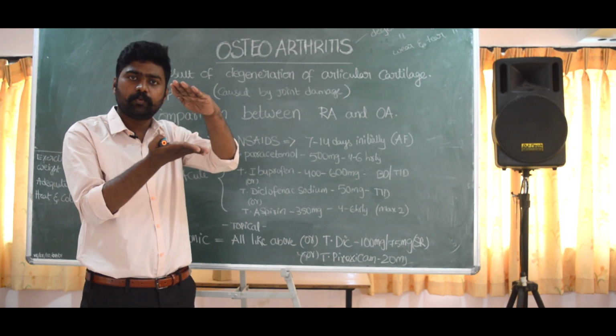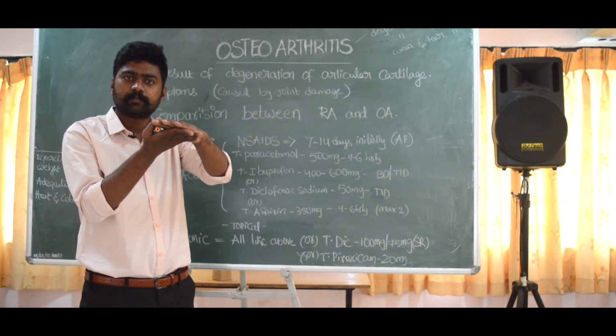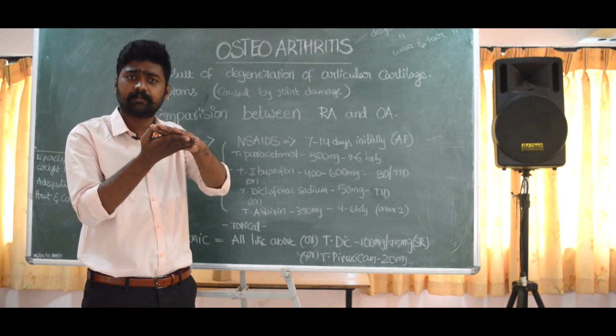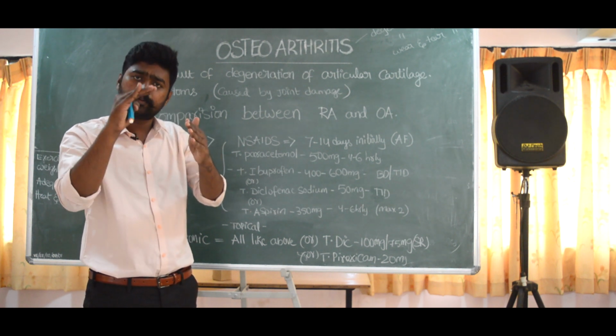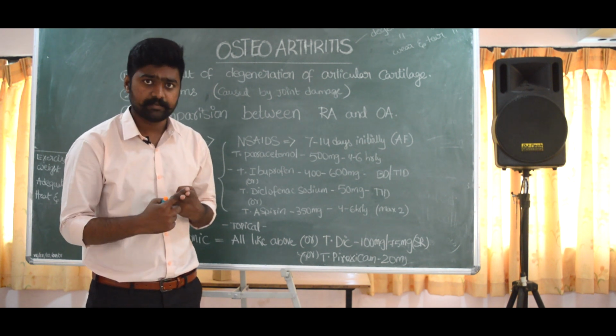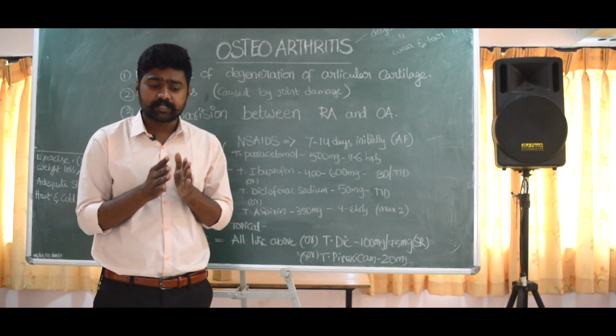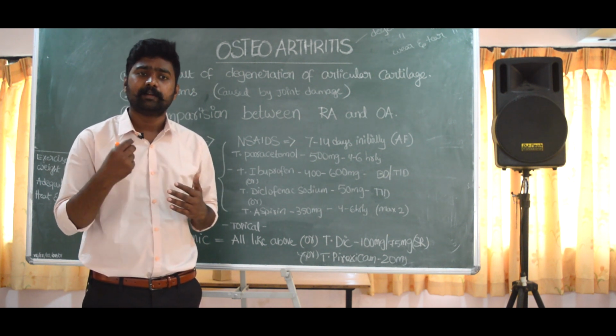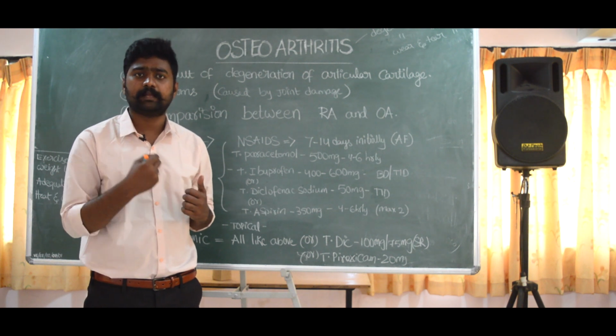The bones slide over each other. The bones touch each other, and we'll feel a lot of severe pain, okay? So if you're overweight, you have to bring your weight down, and you have to do mild exercises, okay? Stretching exercises definitely help you slowly get relief from the pain.